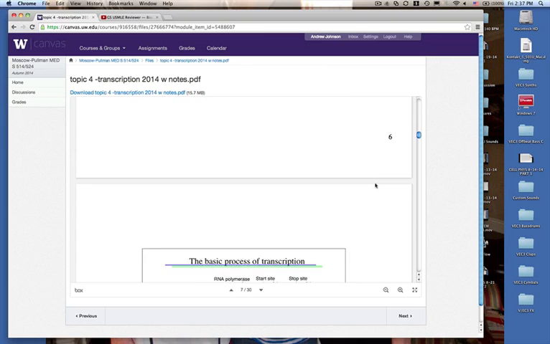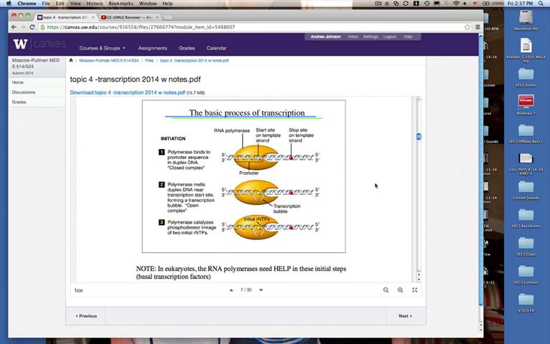Right. Now, I just want to utilize this as a thought of what has to actually go on in terms of the DNA here. Because what's pictured here is actually what goes on in the prokaryotic system. Okay? In that, yes, absolutely, the polymerase is going to sit down and come into contact with the promoter region.